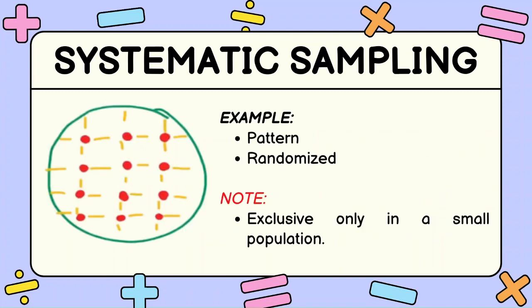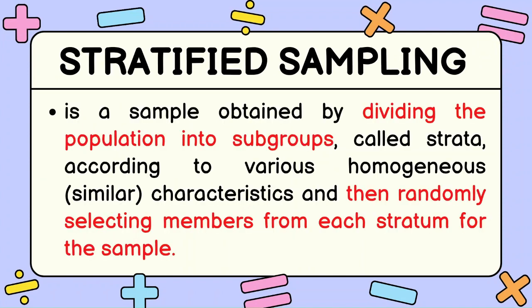As you notice, the researcher marked or uses patterns to select the participants that he is going to study in his or her research. And of course, this is randomized. Then we have to remember that this type of sampling is also exclusive to a small population.